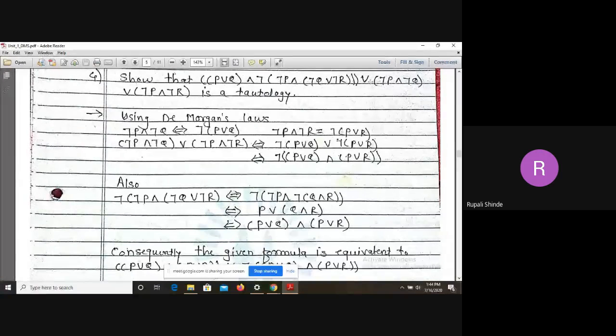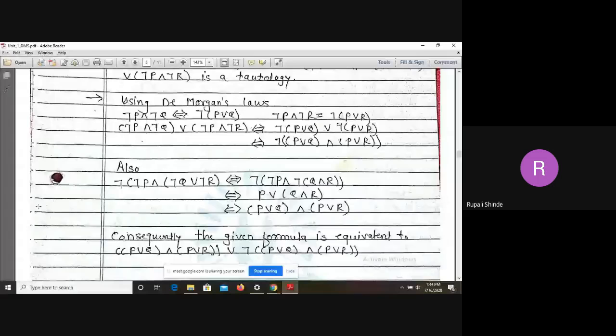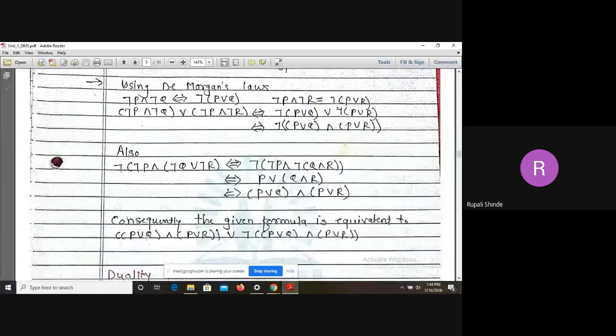Now, for the second, third and fourth terms, we have got simplification as negation of P or Q and P or R. Now check here. This is the first bracket, or negation of this is the second bracket. So if you observe, these two brackets are the same.